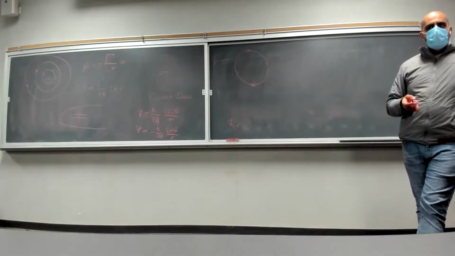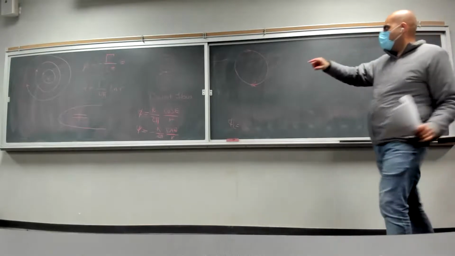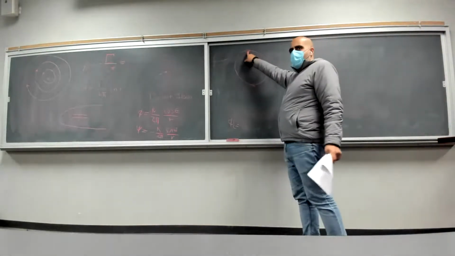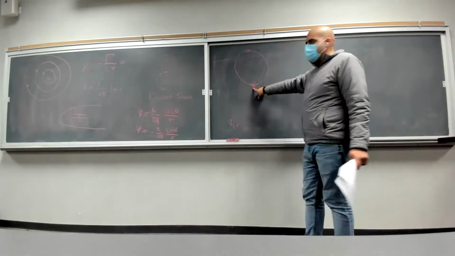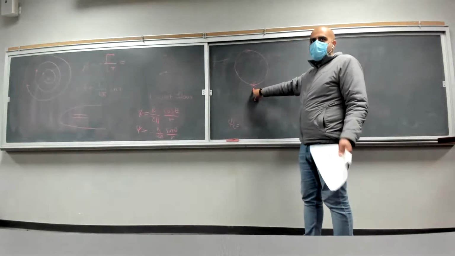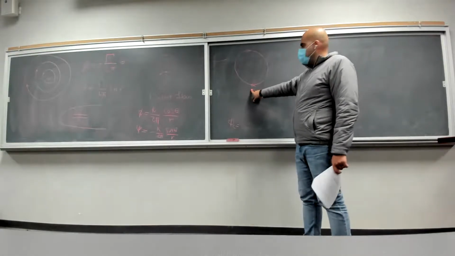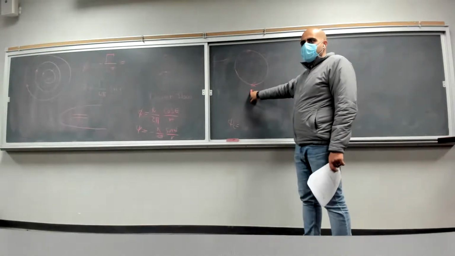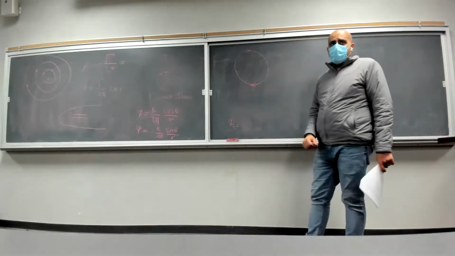Because the velocity at the top is going to be higher because it's being added to the uniform flow. And velocity on the bottom surface, at 3 pi over 2, 270 degrees, is going to be less because it is being subtracted from the uniform flow velocity, right?